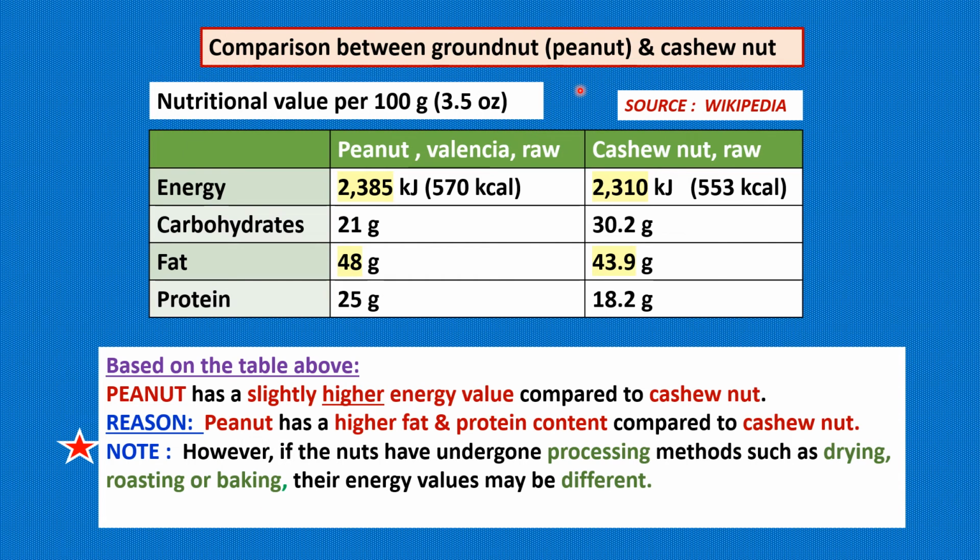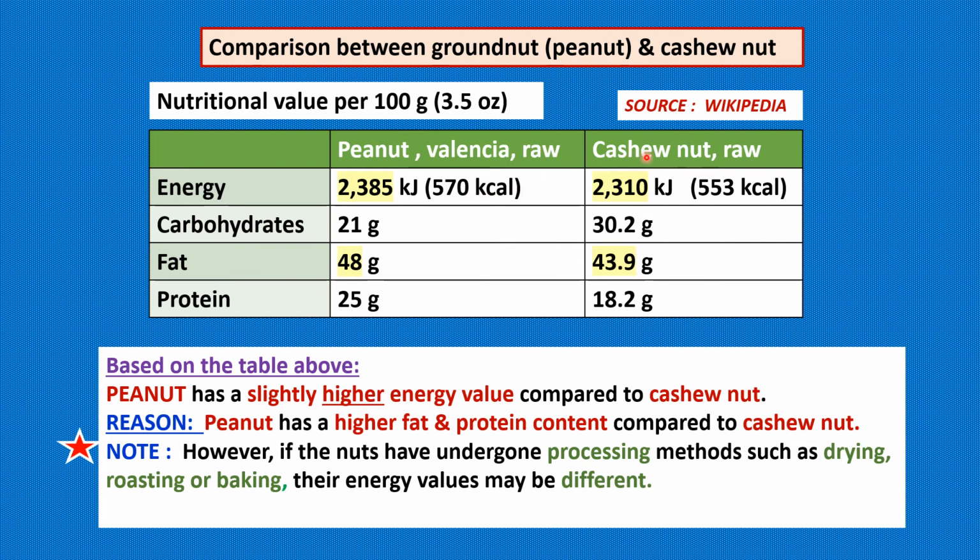Here's a comparison between groundnut or peanut and cashew nut based on this source, Wikipedia. Now the nutritional value per 100 grams of the nut. For peanuts of the Valencia variety in raw condition, energy from 100 grams of the nut is 2,385 kilojoules or 570 kilocalories.